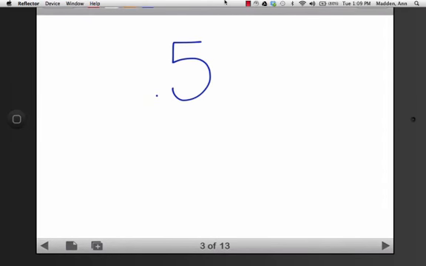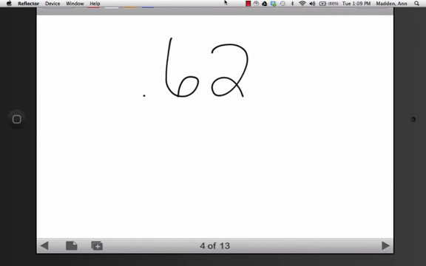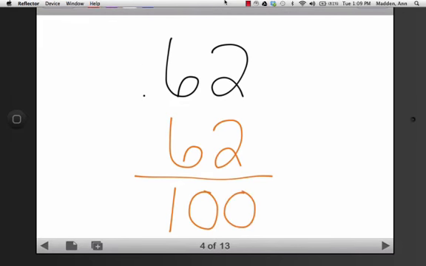What would my fraction look like? 5 over 10. 5 tenths. 62 hundredths. I'll give you just a second to think about what that would look like. If you pictured 62 over 100 for 62 hundredths, you were correct.